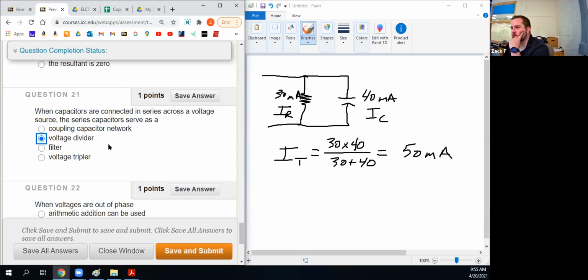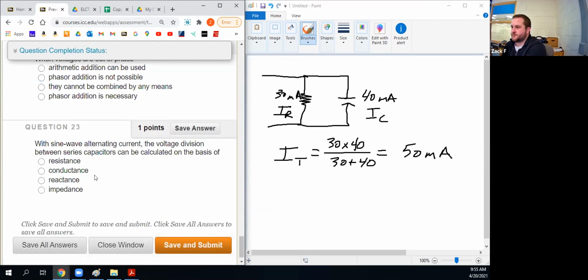The same as using a resistor across the voltage source, right? You're using that capacitive reactance or the resistance as a voltage divider.